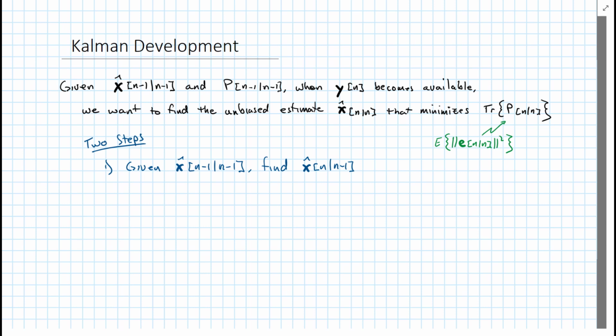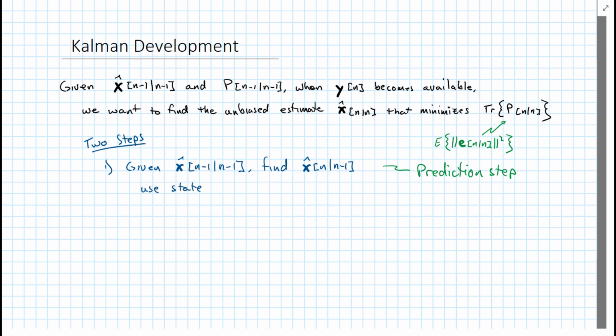We call this our prediction step. And we're going to use our state transition equation.